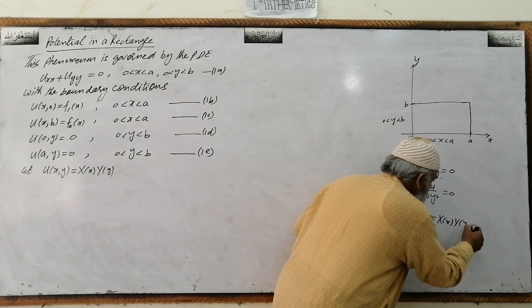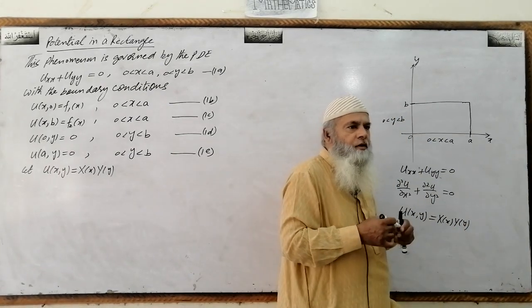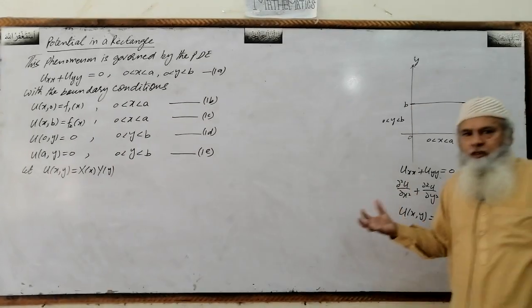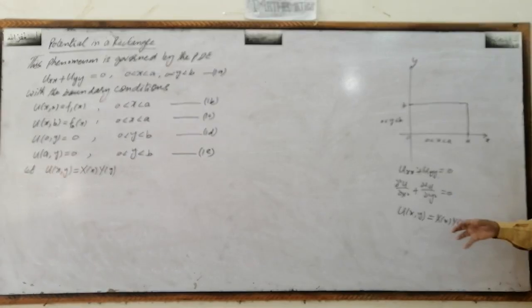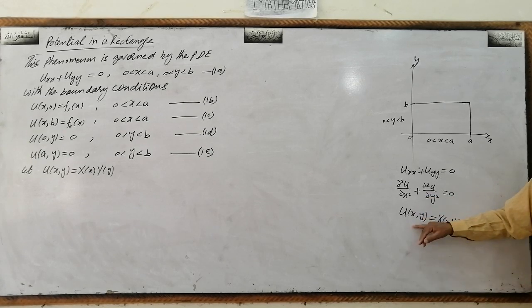One of them is a function of x and the other is a function of y, in order to separate the variables. As we know, the solution of this differential equation will be a function of x and y. I intentionally suppose that u(x,y) is a function of this form.